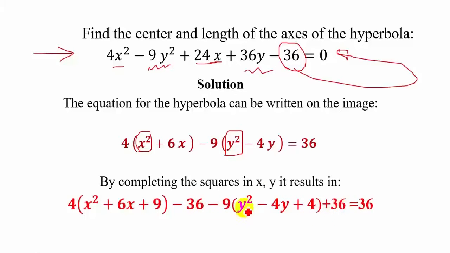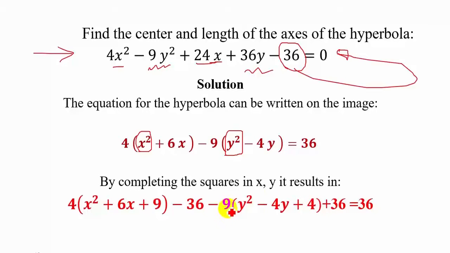subtract 36. So it doesn't mean anything for me right now. And if you look at that one, that I add 9 and I subtract 9, doesn't mean anything for me. So what happened right now? So I have 9 with that bracket and 4 with that bracket, because that's 36 also.